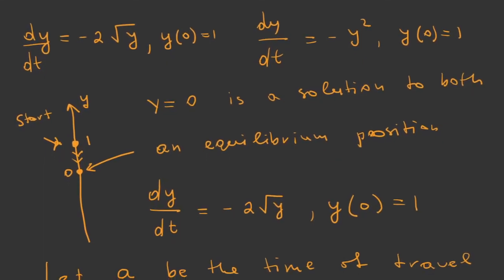So here are our differential equations written with x replaced by t, and we are going to think about two initial value problems: dy dt equals negative 2 square root of y, the value of y at 0 equals 1, and dy dt equals negative y squared, the value of y at t equals 0 is equal to 1.